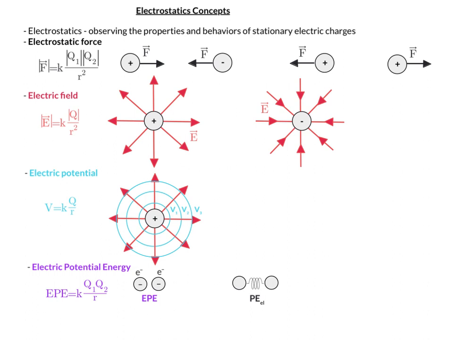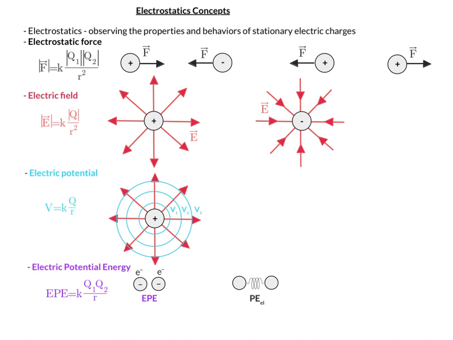And notice here again that we're not taking the charges in absolute value, so we can have positive potential energy or negative potential energy. And just like with gravitational potential energy, we have to express the energy relative to another energy. With gravitational potential energy, when there was a difference in elevation between different points in the motion of a particle, we would say that the particle has a gravitational potential energy of mgh, where h is measured relative to a point where we chose the potential energy to be 0.